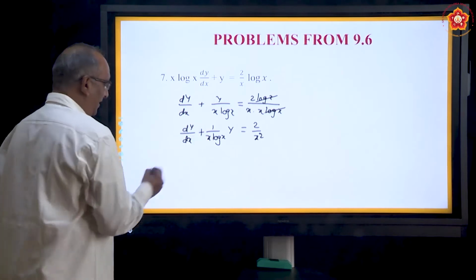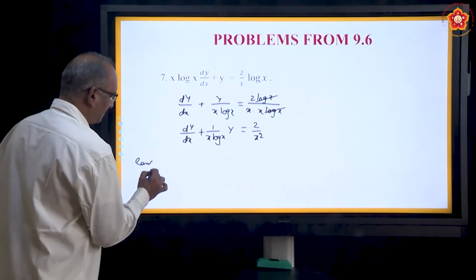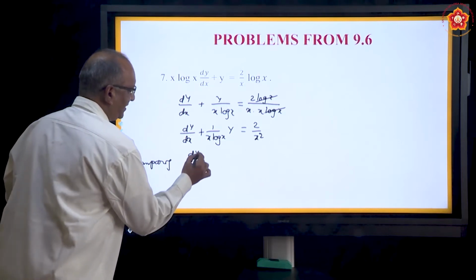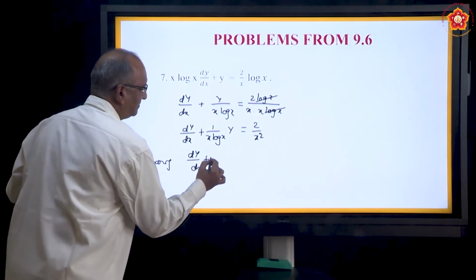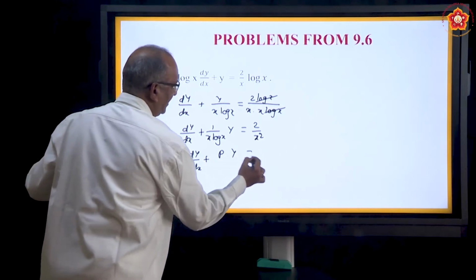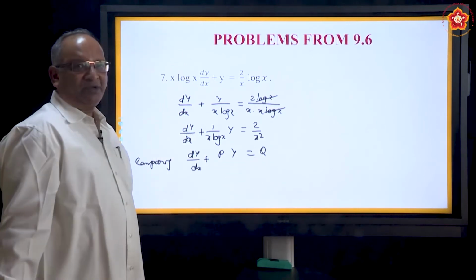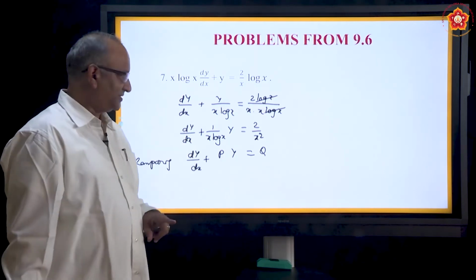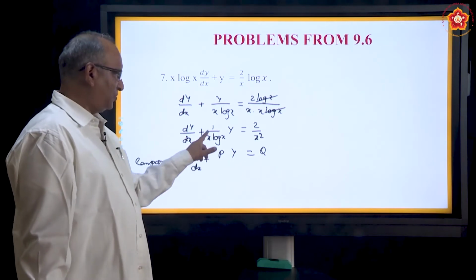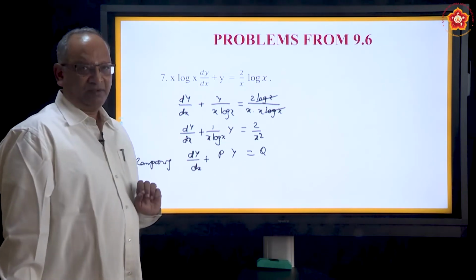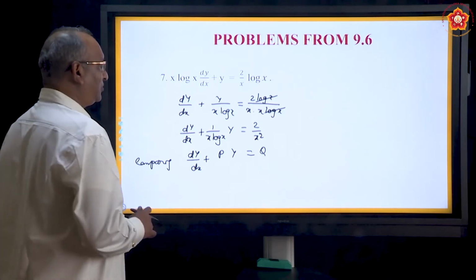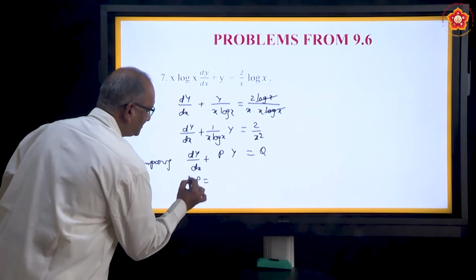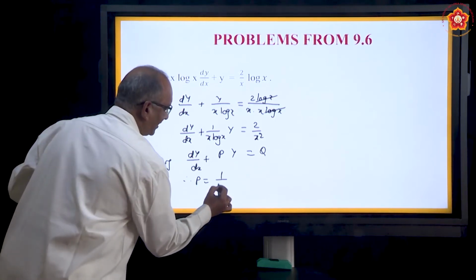Now, if you compare this with the standard equation, dy by dx plus py equal to q, according to the definition, p and q are either constants or functions of x. Both conditions are satisfied. So, we are able to find p. What is p here? 1 upon x log x.